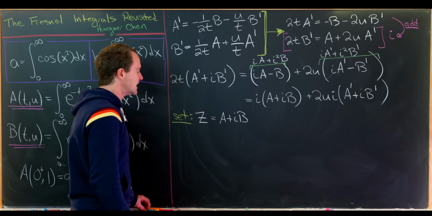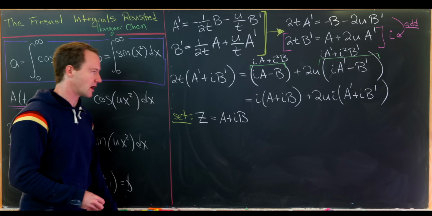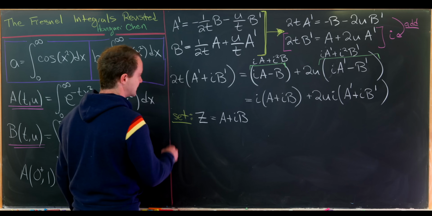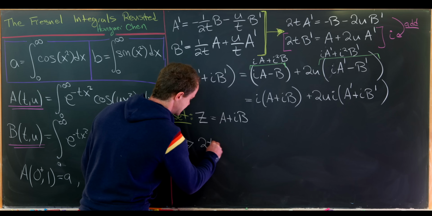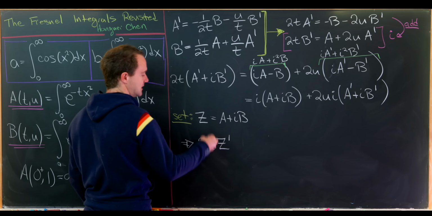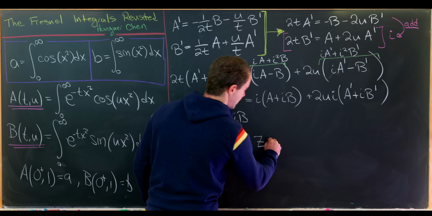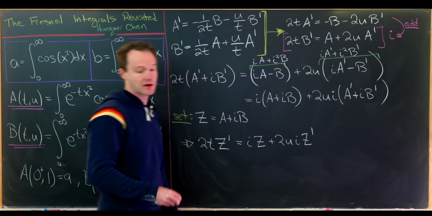That's also motivated, like over here, by that combination of cosines and sines giving us the complex exponential. So that's motivated for a couple of different reasons. Okay, so now we can rewrite this differential equation as follows. We'll have 2 times t times z prime, that's what happens on this left-hand side, equals i times z plus 2 times u times i times z prime.